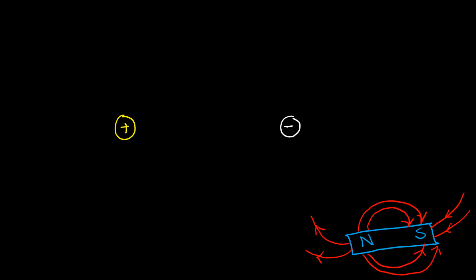The total number of magnetic field lines passing through an area is known as magnetic flux, and the amount or magnitude of magnetic field lines is known as magnetic field intensity.